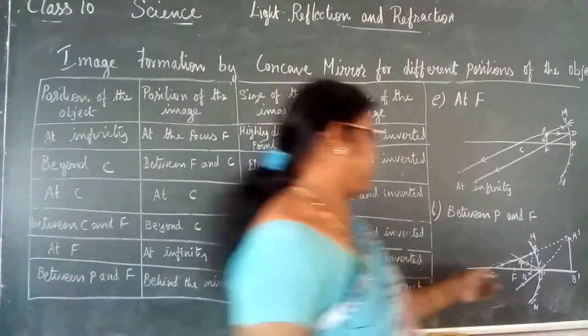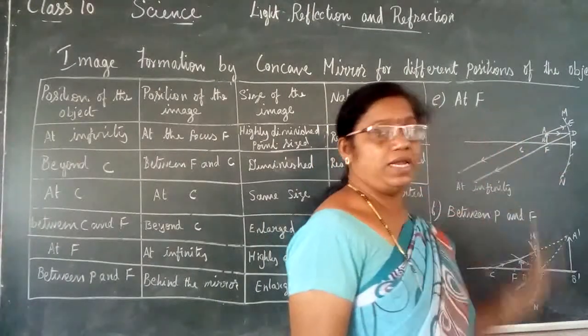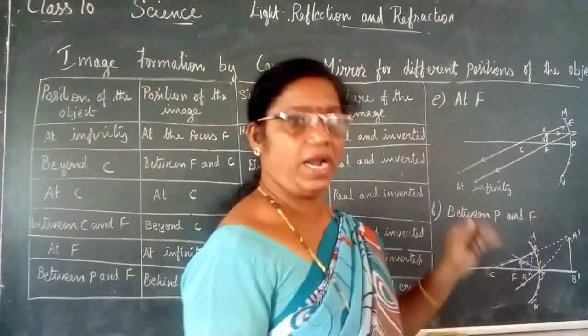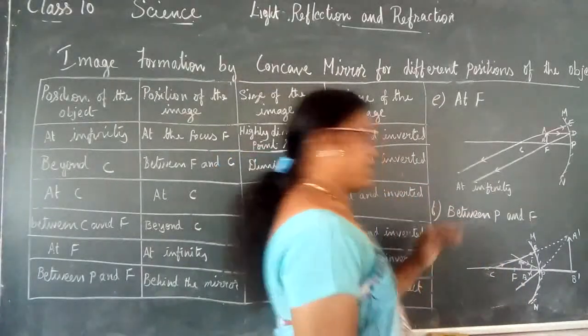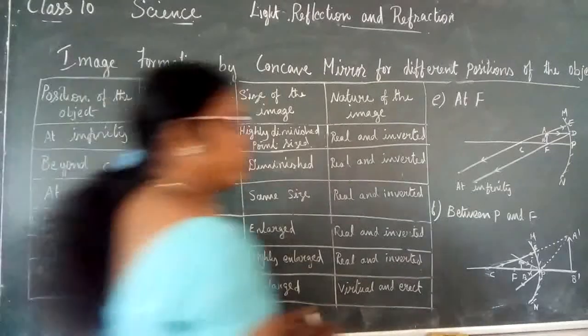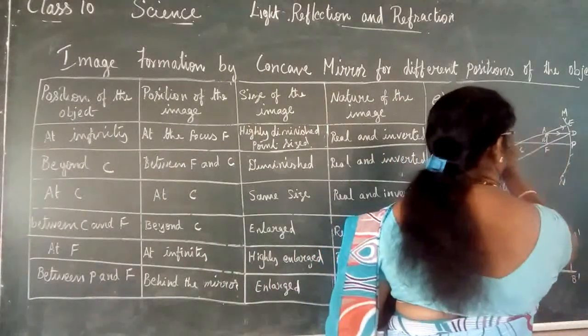So when the object is placed at F, we are going to get a highly enlarged, real and inverted image at infinity.